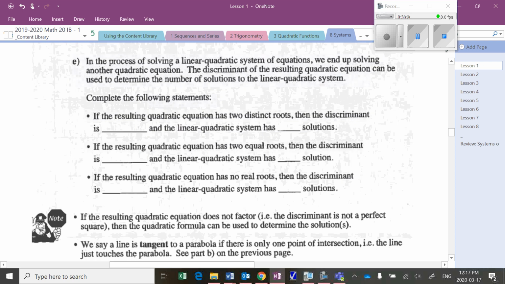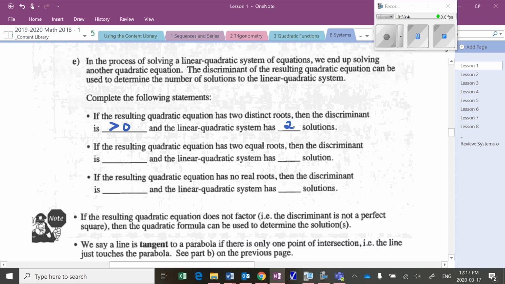So if we solve the system, we end up solving a quadratic, and the discriminant obviously tells us the number of solutions and the nature of those solutions. If you recall, the nature of our roots, in this particular case, the solutions. So if there are two distinct roots, then the discriminant is going to be greater than 0, and the linear quadratic system has two solutions.